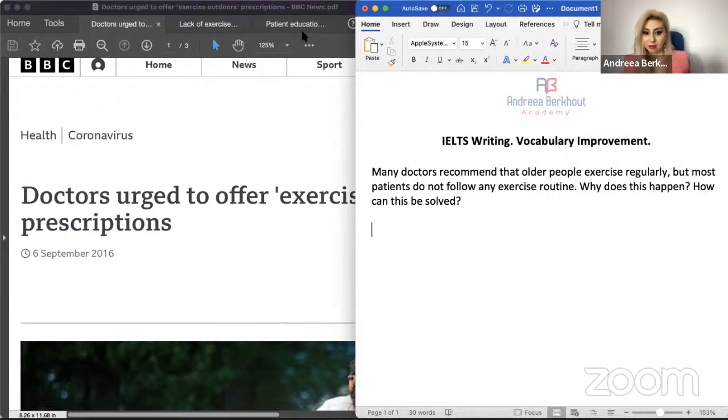Great. Many doctors, I repeat, for those who are joining us late, many doctors recommend that older people exercise regularly, but most patients do not follow any exercise routine. Why does it happen? How can this be solved?